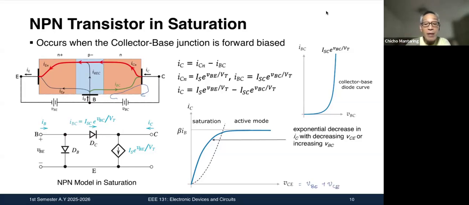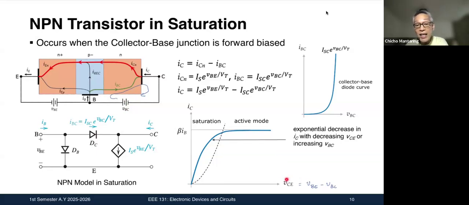If it's minus VBC, then that's plus VCB. Sige, iwan na lang natin yung VBC para hindi nakakalito. Let's just make this minus VBC. The voltage from here to here is this voltage. Now, this is opposite in polarity to this, so you subtract it. Minus this voltage. So that's VCE.